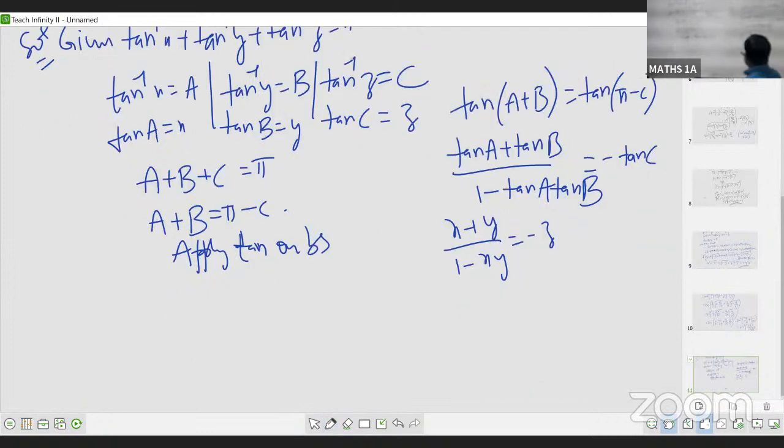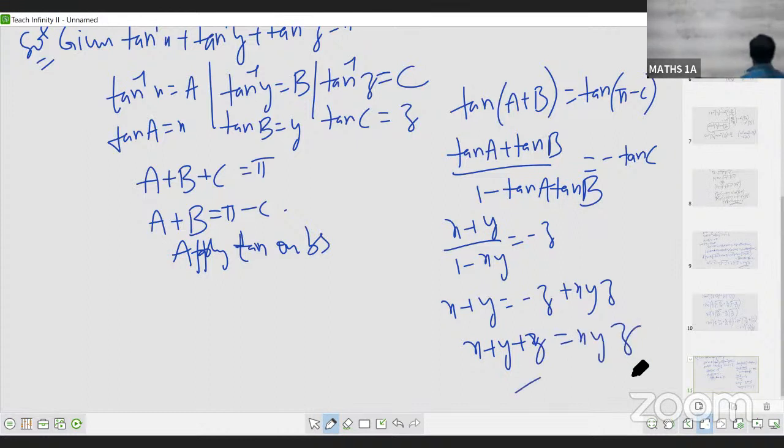That is nothing but x plus y equal to minus z into 1 minus xy, so x plus y plus z equal to x y z. Is it clear? So this is your most important sum.